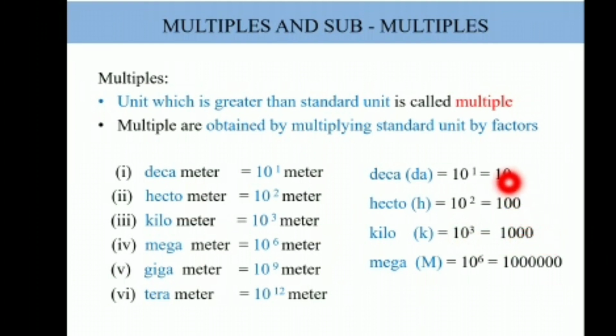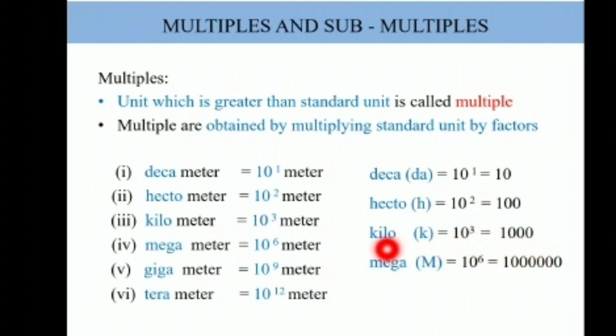If you see here, 1 has only one zero after it, so 10 to the power 1. 1 has two zeros here, so 10 to the power 2, 3 zeros, 10 to the power 3, and 10 to the power 6 means 1 with 6 zeros after it, right? So 10 is deca, 100 is hecto, 1000 is kilo, and 10 to the power 6, or 1,000,000, is nothing but mega, right?